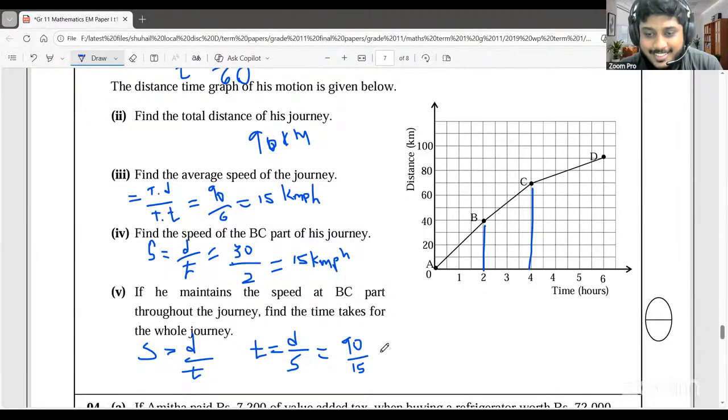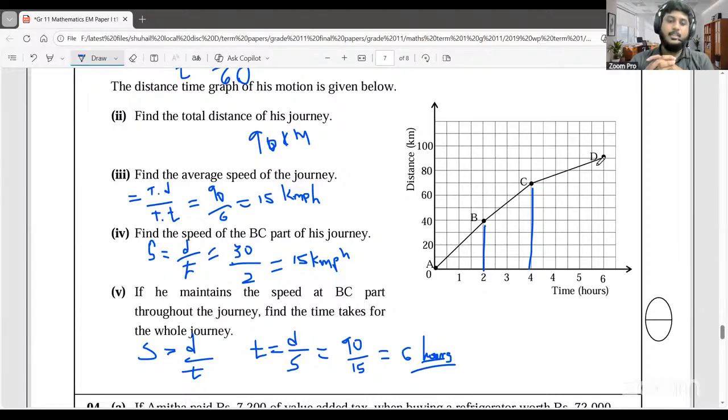Same, 6 hours. If you maintain the same speed, he can finish the journey in 6 hours. You understand that? Okay, so proceed in that way for this question.